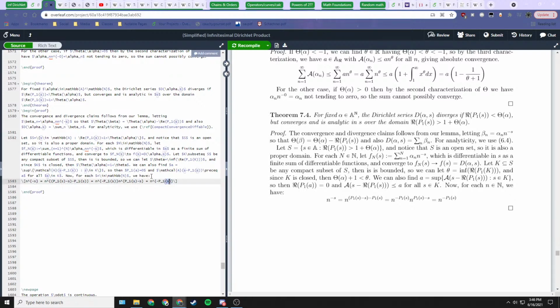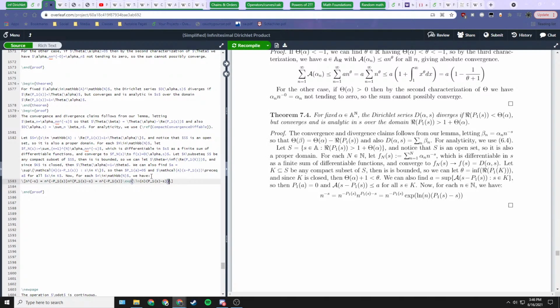So we have n power negative P1 of S, that's fine. And then we just want to separate out this part, and then over here, do this as the exp of log of n times P1 of S minus S.